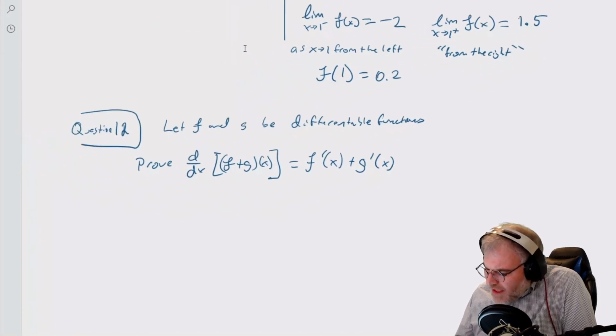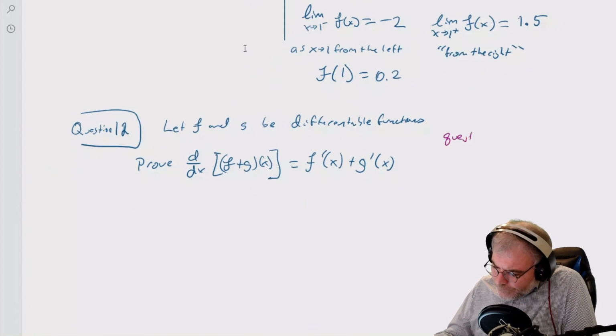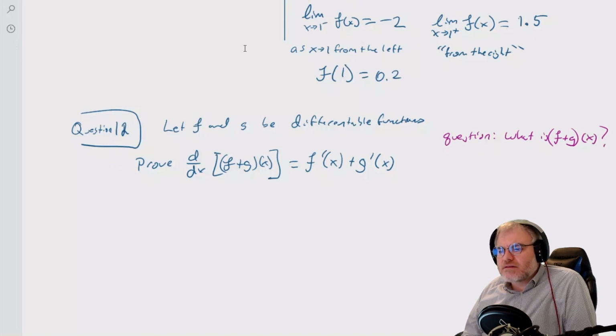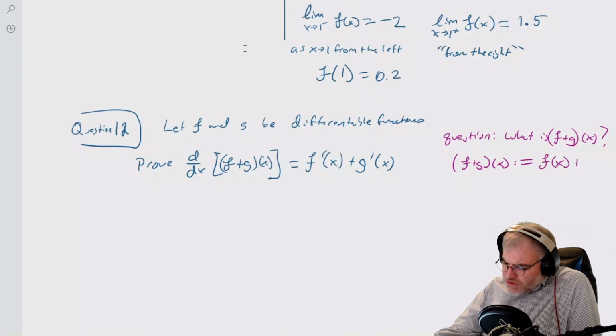Just out of curiosity, what is f plus g of x? What does that mean? Well, f plus g of x is defined as f of x plus g of x.